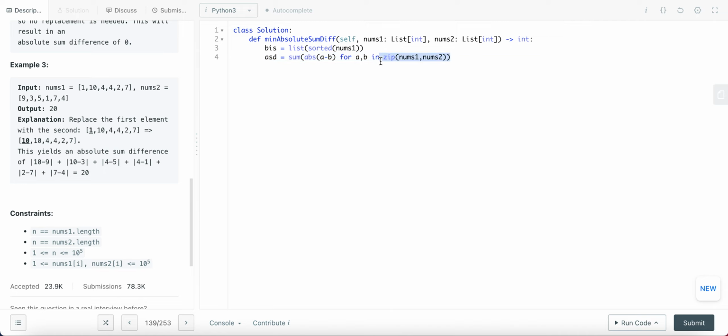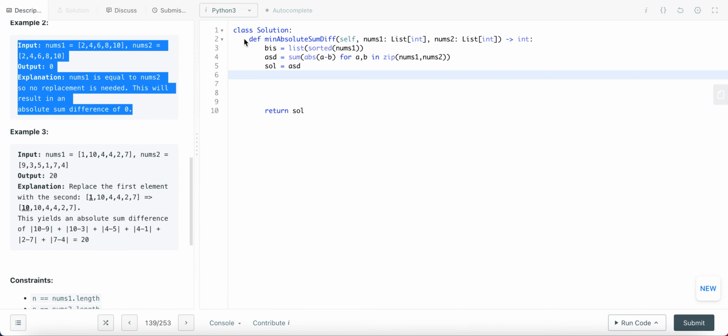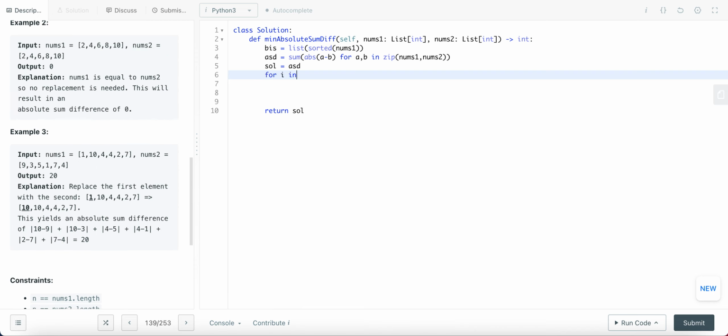So we look at all the elements in nums1 and nums2 together, we find the absolute difference, and we sum it together. Our solution is what we're going to return at the end. And initially, our solution will be what's given, because what's given might actually be the best, like in this example here. All right, now we're going to look at each index in the range of the length of nums1 or nums2 because they're the same.